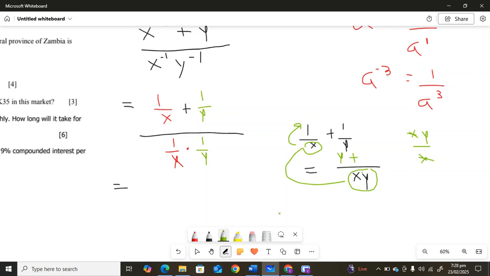Plus xy divided by y. Xy divided by y, you cancel out the y's, you remain with x. X times 1, that is x. So you have y plus x over xy.